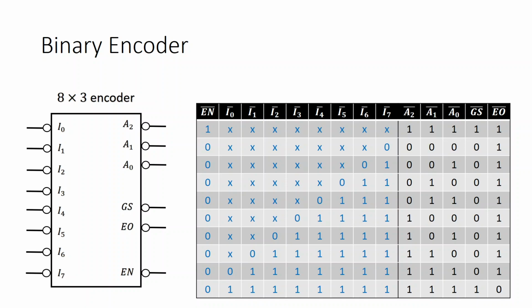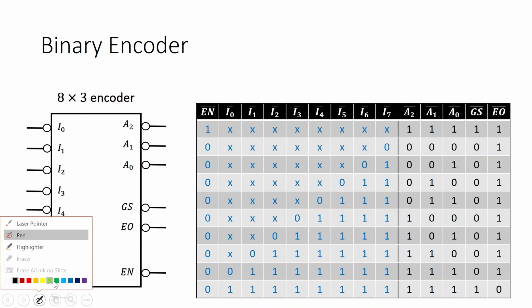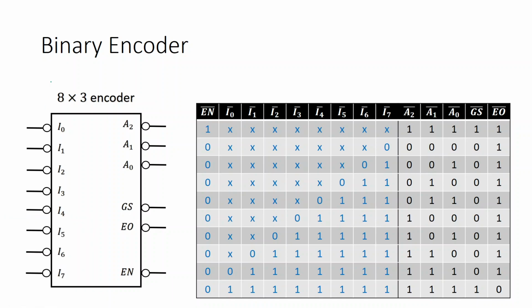Now it is the opposite. At the input side we will have 2 to the power of n number of input pins, and at the output side we will have n number of output pins, and whichever input pin is getting activated, a corresponding binary word will be generated at the output. So this is the idea.